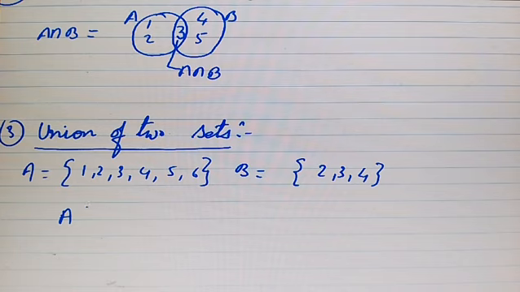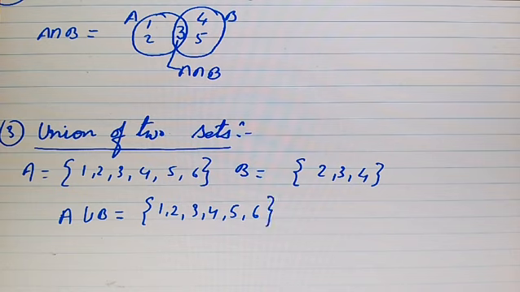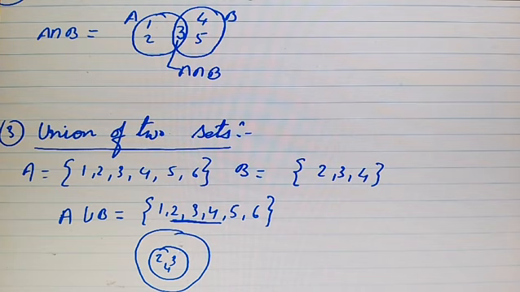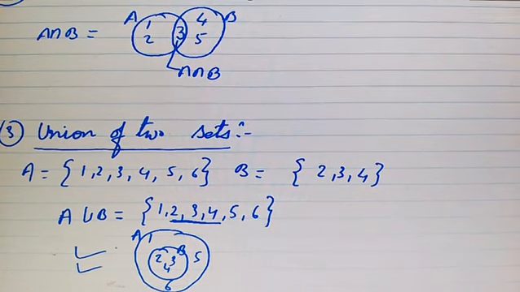Then how will we denote A union B? 1, 2, 3, 4, 5 and 6. That means the numbers that we have in both sets will be written only once. And how will we represent it in a Venn diagram? See, 2, 3, 4 are of B, it is B and it is A, 1, 5 and 6. So this is the representation of two sets through a Venn diagram.